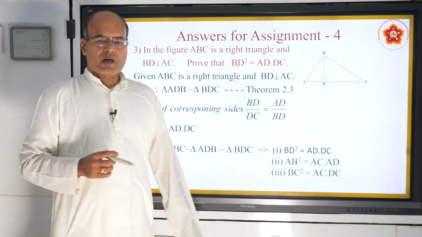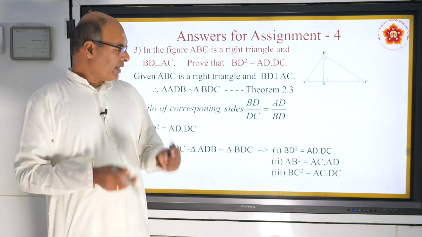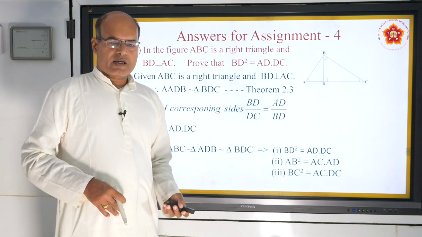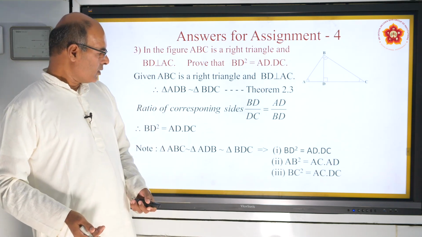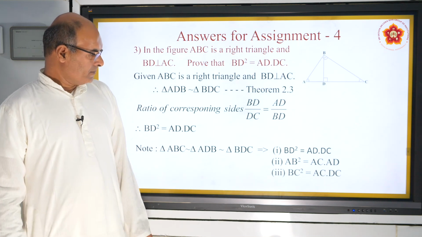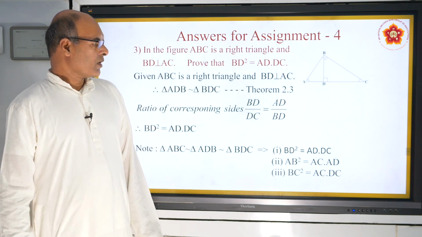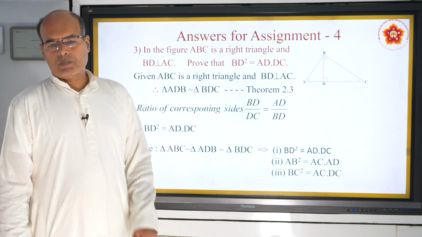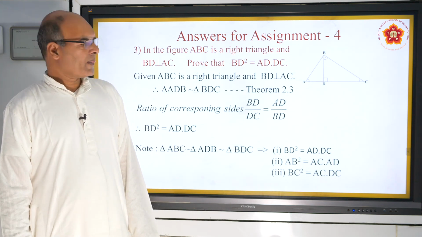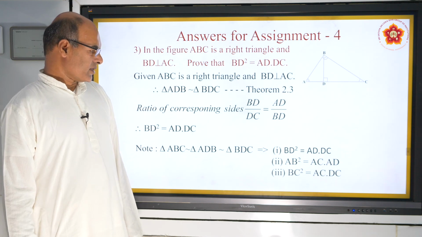So this is one of the important problems because it is related to the previous theorem and also related to the Pythagoras theorem. Once you look at the answer, I will explain this while proving the Pythagoras theorem. Look at the answers.